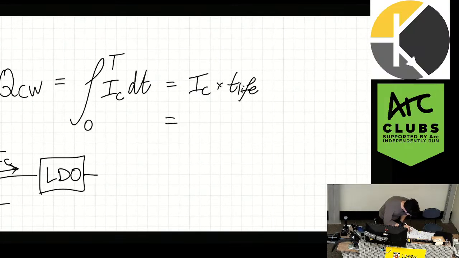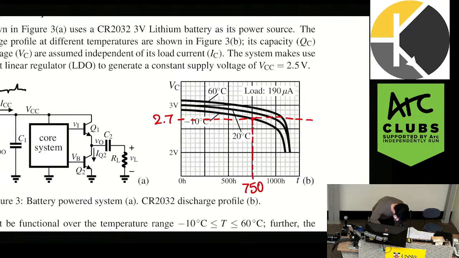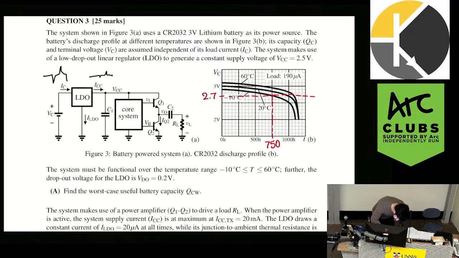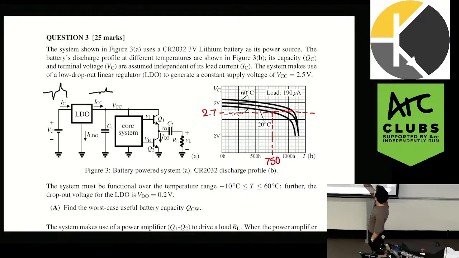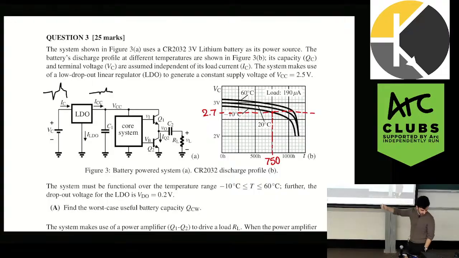And did I write these numbers down? I think it's supposed to give what the current is in the question. Oh, I'm so blind. It says load 190 microamps. Yeah, that's what I was looking for.